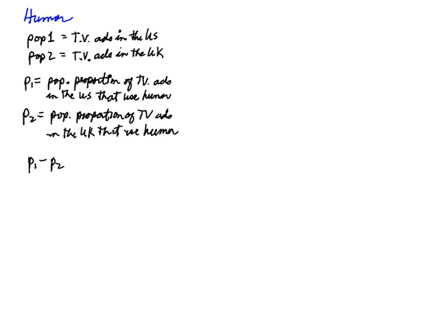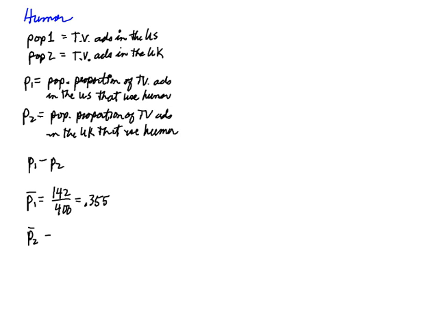Now it says that two samples were collected. P1 bar, that would be my sample taken from the TV ads in the United States. Turned out that 142 of 400 used humor, which is roughly about 35.5%.